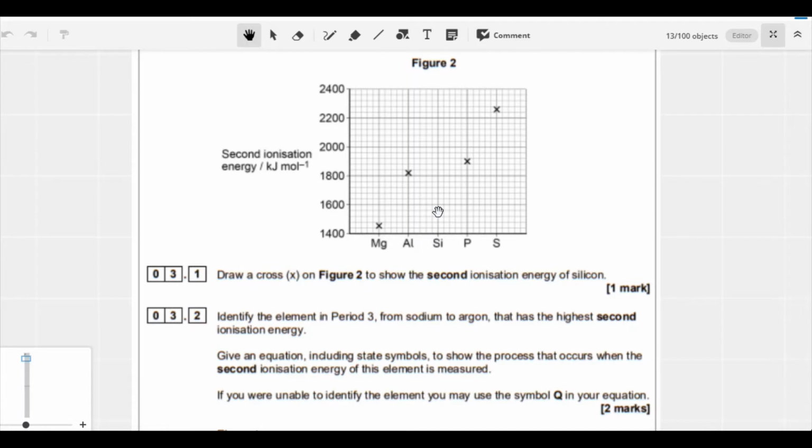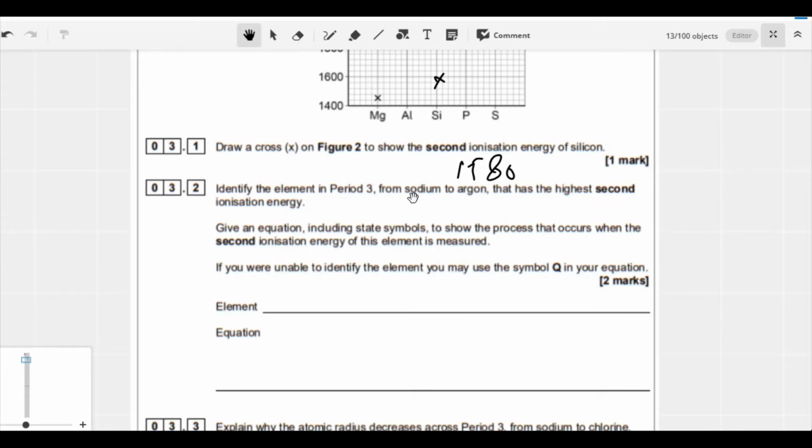So it will be about 1580. So it means you have to put the cross at this position. Like, I am going to write here 1580, but you need to put the cross on the fig, you do not have to write.